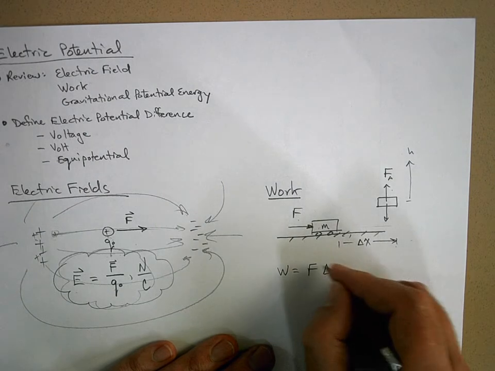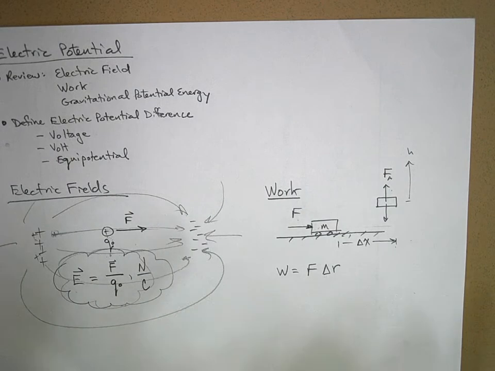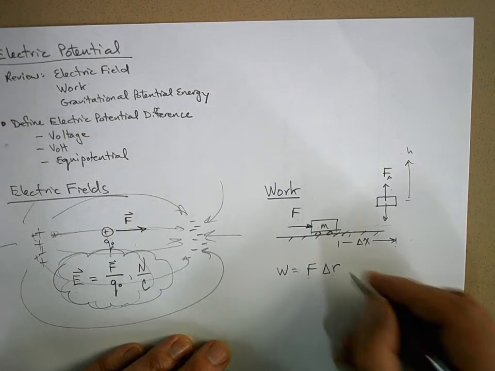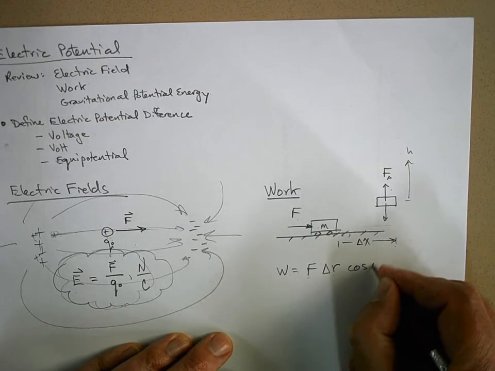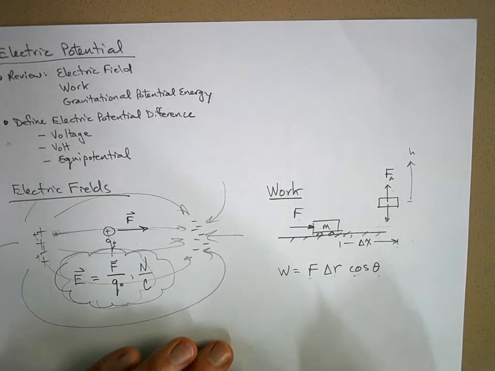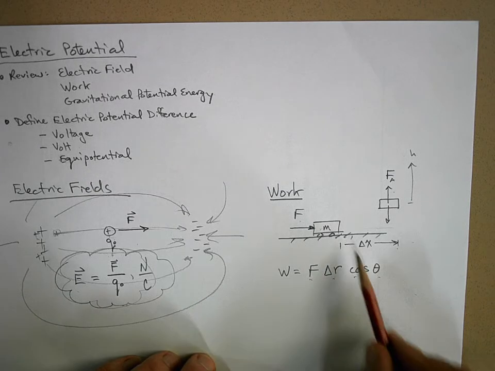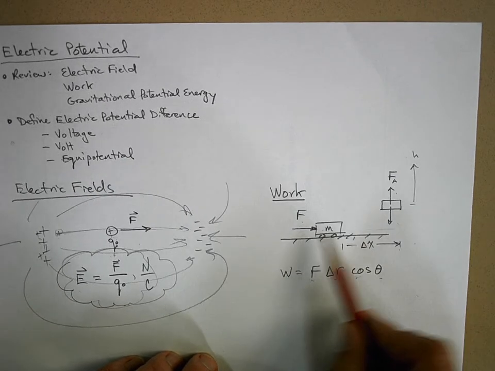And then remember that the amount of work done depended on these two vectors being parallel to each other. So this tells you how parallel they are. You multiply by the cosine of the angle between the force and the displacement. And in these cases, the angle was 0 degrees, right?